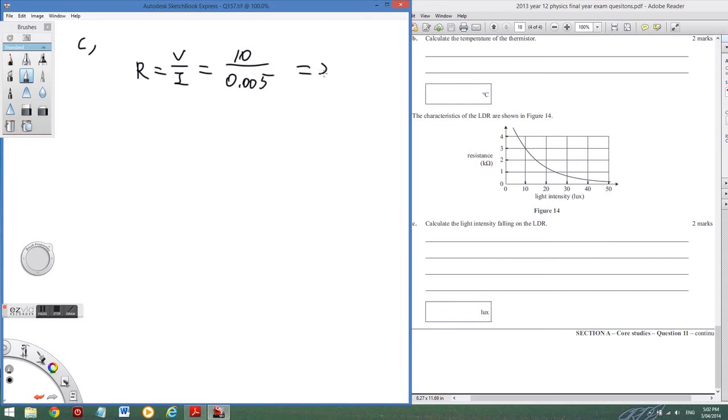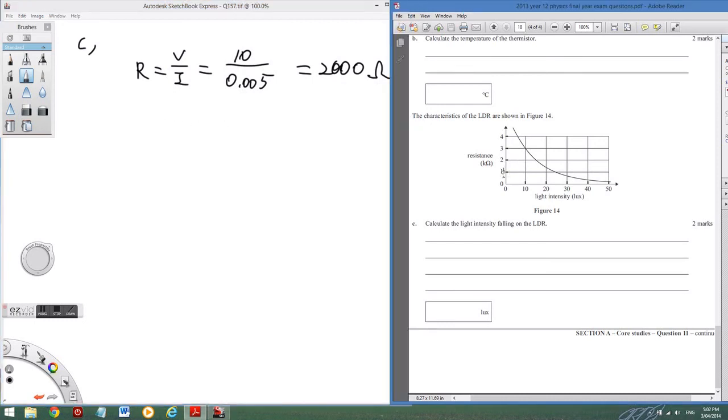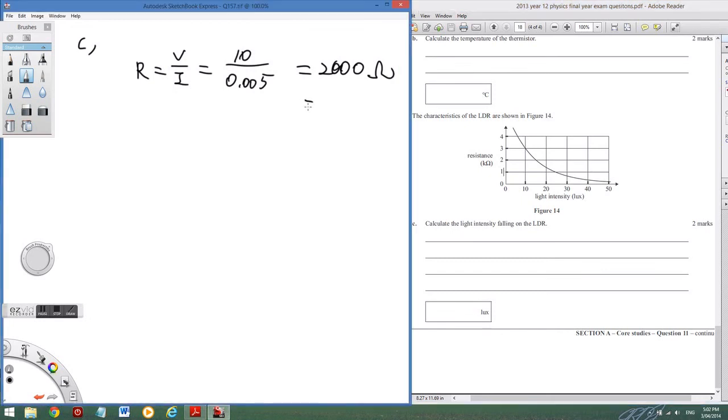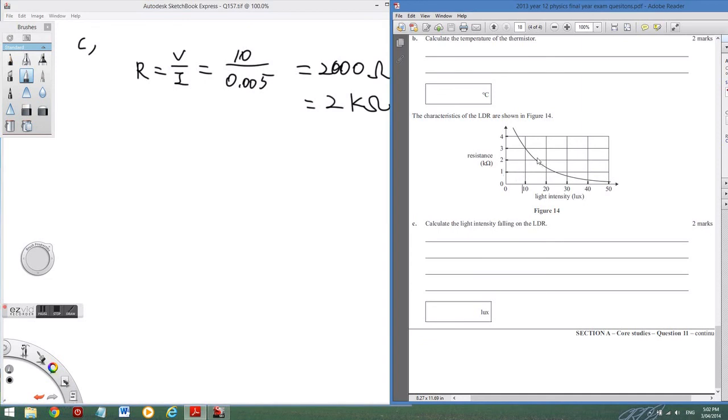So I have 2000 ohms. Yep, it's going to be 2000 ohms. And if I look at the graph, 2000 ohms is basically 2k ohms, and 1k is 1000. So for 2000 ohms, we look at the graph, the light intensity must be 15.